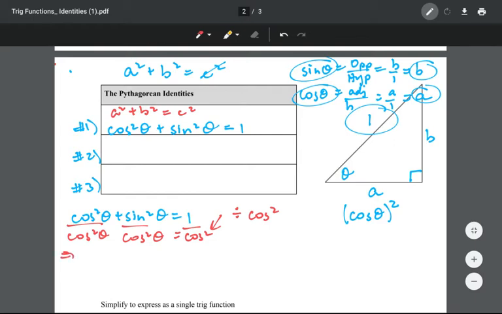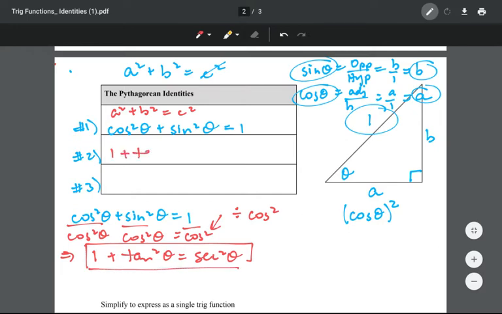This gives me the next version. Cosine squared over cosine squared is 1. Sine squared over cosine squared, that's tangent squared, equals 1 over cosine squared, which is secant squared. So there's another version of it: 1 plus tan squared theta is equal to secant squared theta.